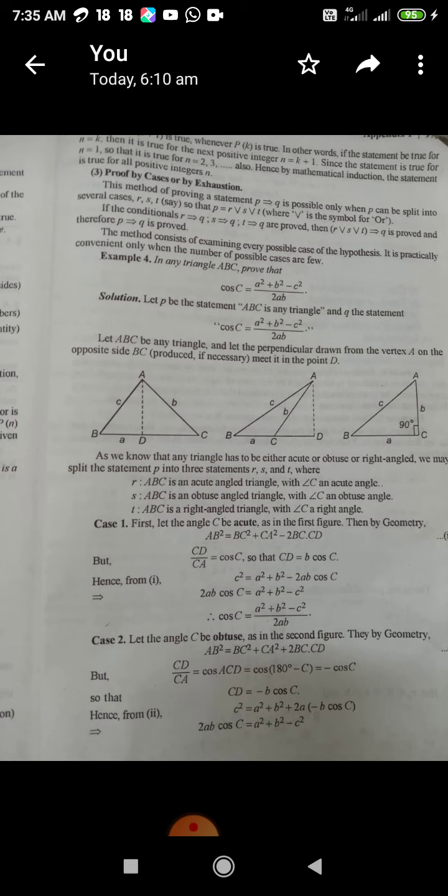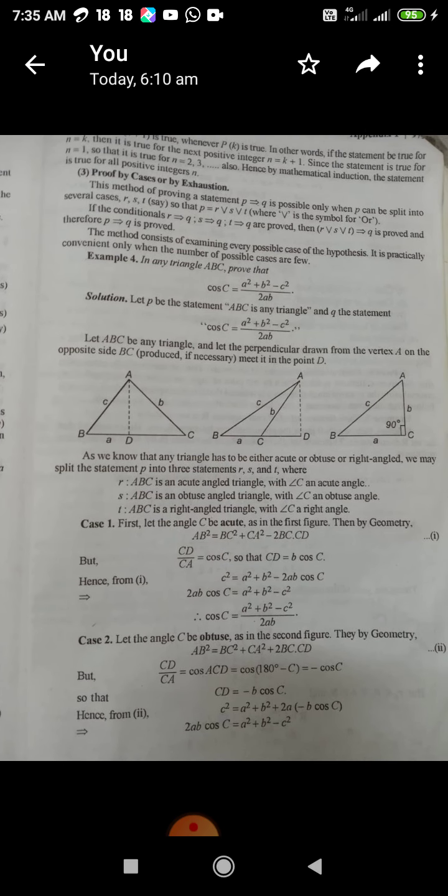Then R or S or T implies Q is proved, and therefore P implies Q is proved. The method consists of examining every possible case of the hypothesis. It is practically convenient only when the number of possible cases is few.